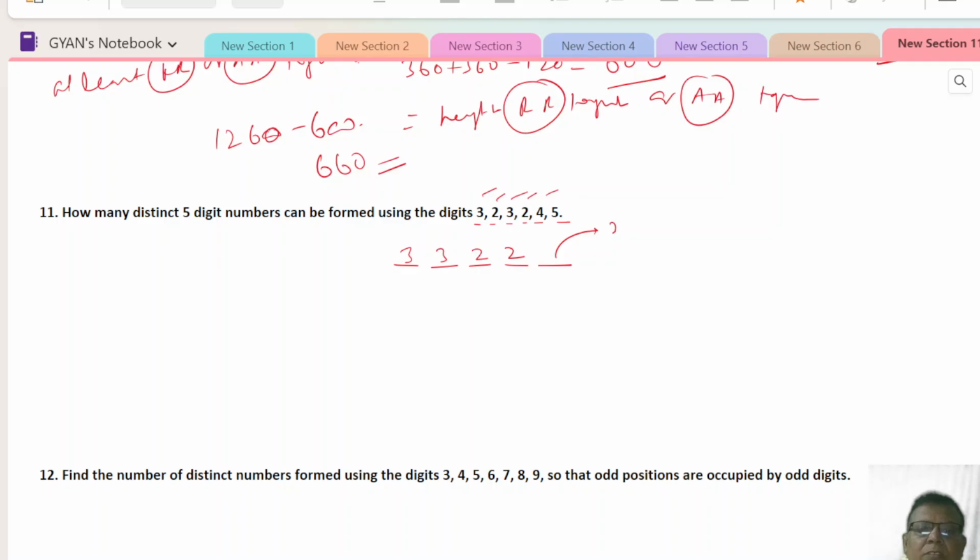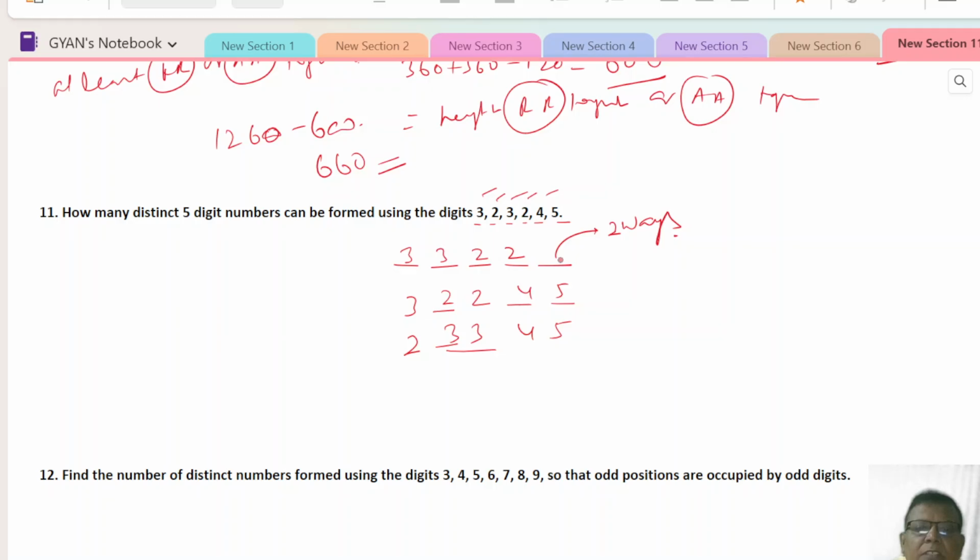So this becomes 2 ways, or 3, 2, 2, 4, 5, or 2, 3, 3, 4. So this is the way.